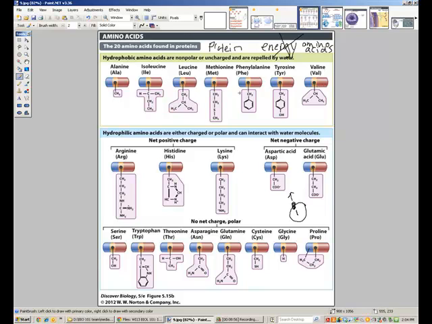What we care about and what gives variability to long protein chains are these R groups. So these are called R groups, and you're going to see that symbolized when we're in class. So everything in purple is an R group, and R just stands for the reactive group. So you can see here that there's different types of R groups on these various amino acids.